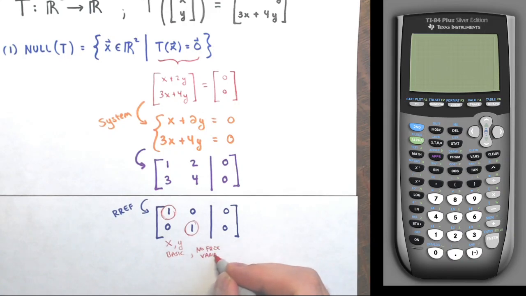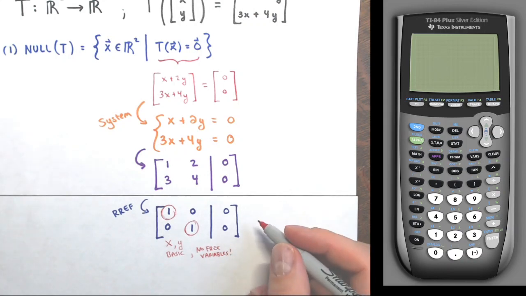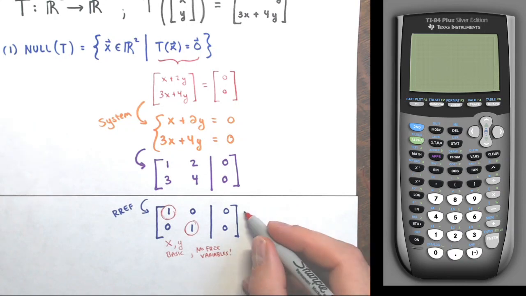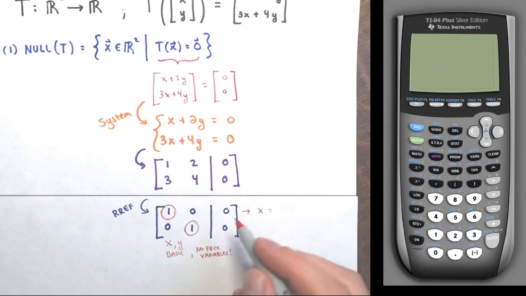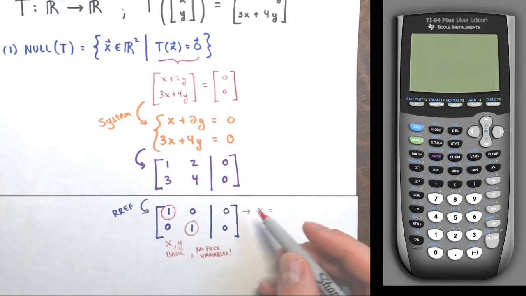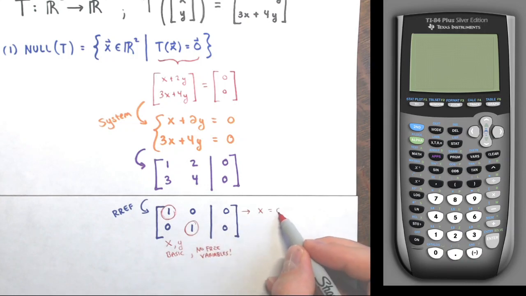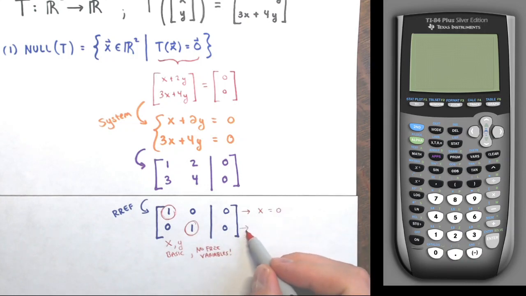And we're seeing that there's only one solution then. If there are no free variables, there's only one solution. There might be no solutions as well, it depends on the system. So we're seeing that the value of x must be 0, and from the second row, the value of y must be equal to 0.